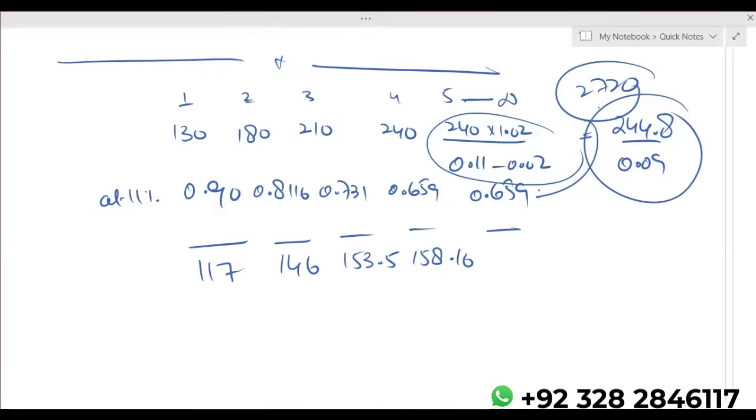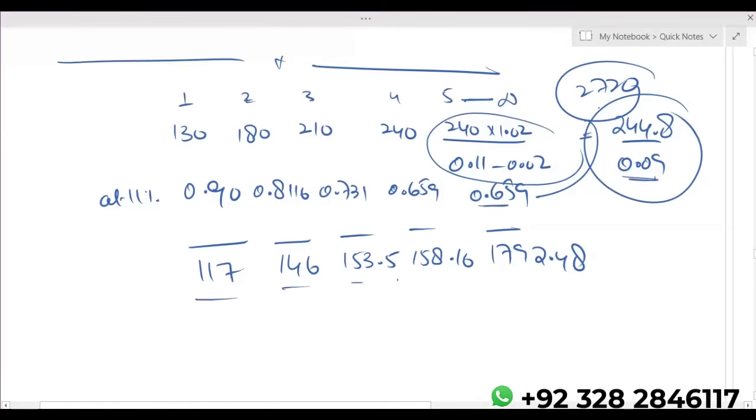So 2720 multiplied by 0.659, I'm getting 1792.48. So 240 into 1.02 gives us 244.8. In the denominator, we have WACC 0.11 minus 0.02, which gives 0.09. So the answer is 2720 multiplied by the base year discount factor.